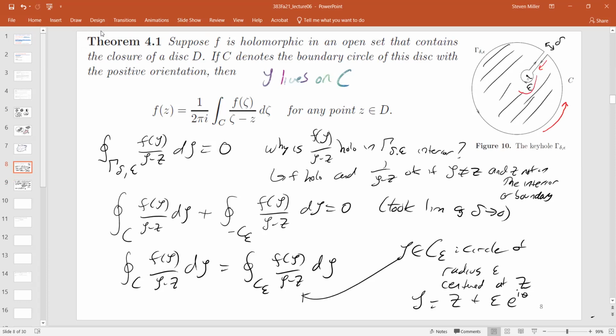And as we go around the circle, notice we go around the circle clockwise. So when we are trying to write the curve gamma of delta epsilon, it has c in the counterclockwise way, and it has the c sub epsilon in the counterclockwise way. And so we have to put in an extra minus sign to move it over.